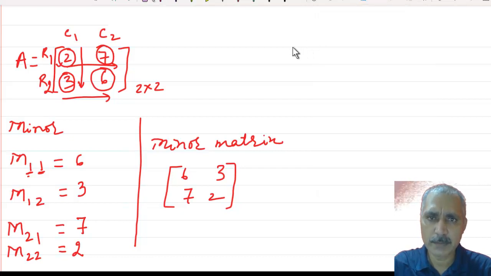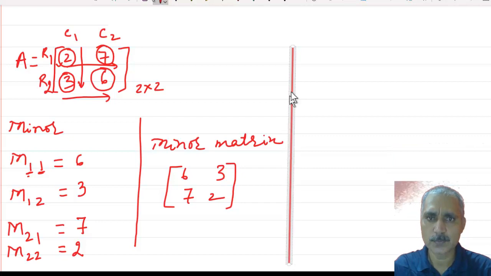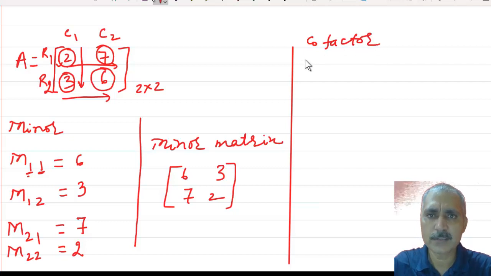Now the question comes as to find out the cofactor. The formula for that: the cofactor is denoted by capital letter Aij, that is minus 1 raised to i plus j into Mij.